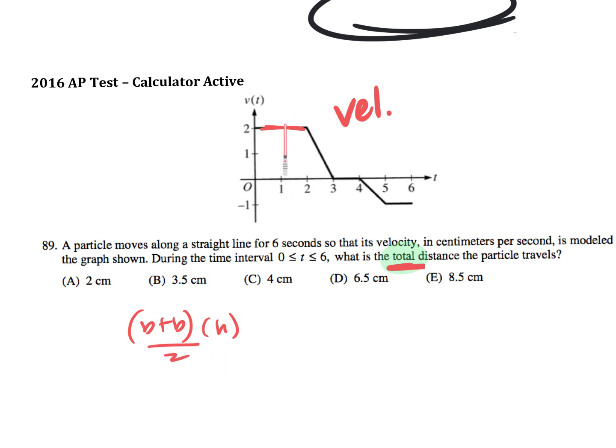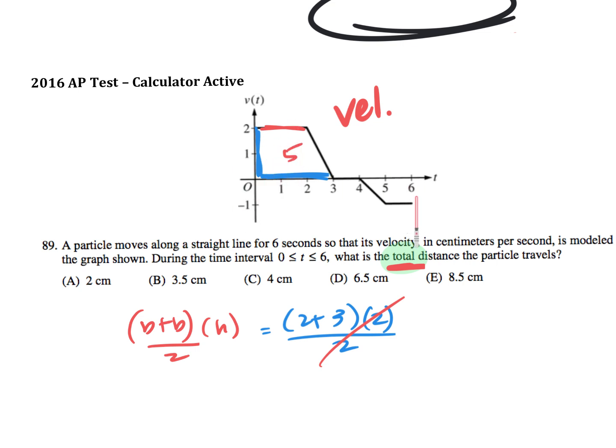So what would this base here be? 2. So we're going to say 2 plus, what would this base be? 3, divided by 2, times my height. Do you agree the area of this trapezoid up here is 5?